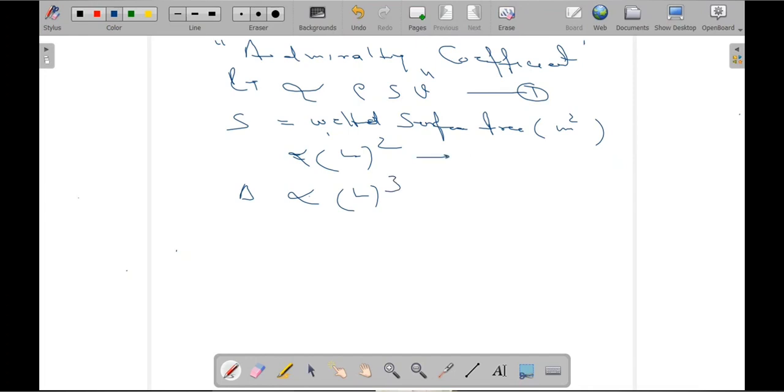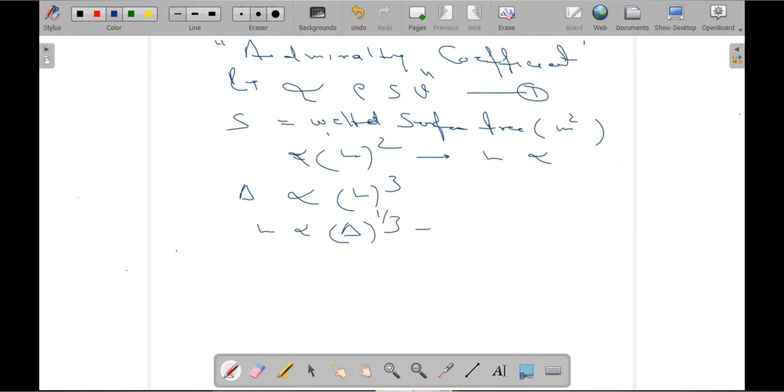From here we can write, if delta is proportional to L cube, then L is proportional to delta raised to power 1 by 3.